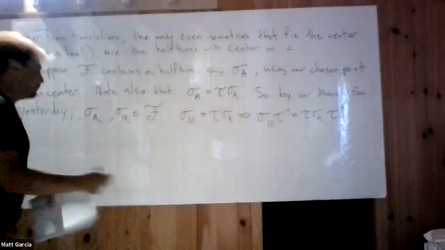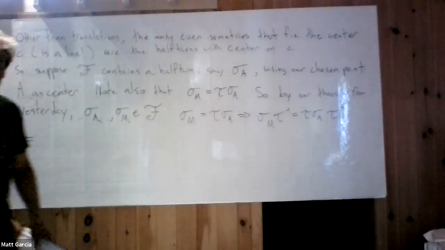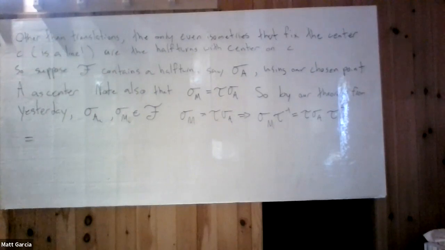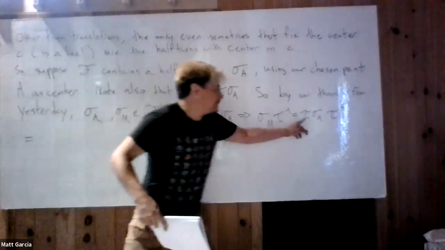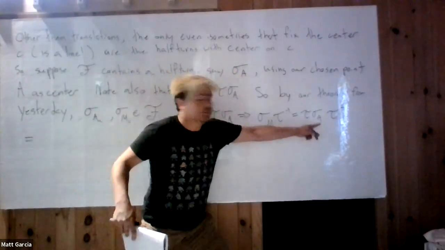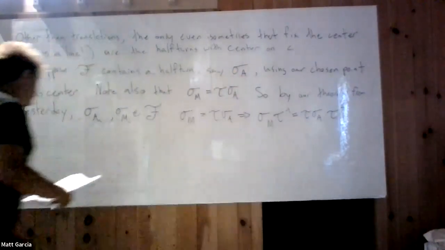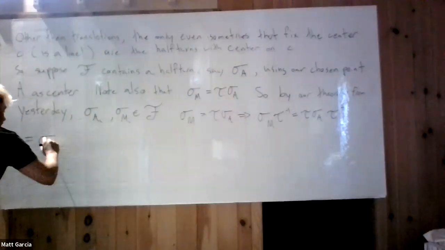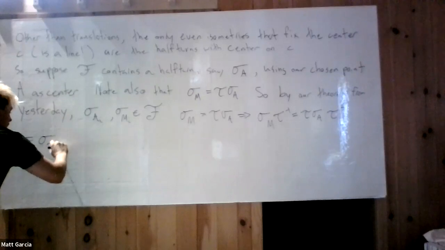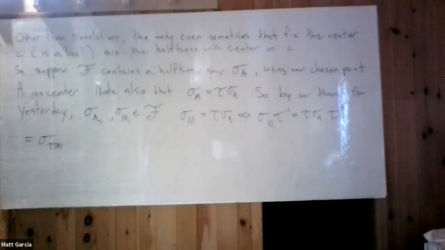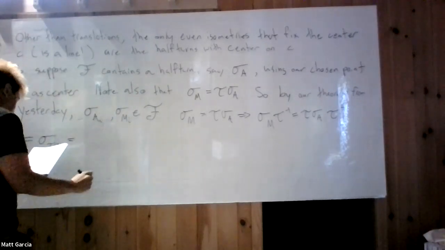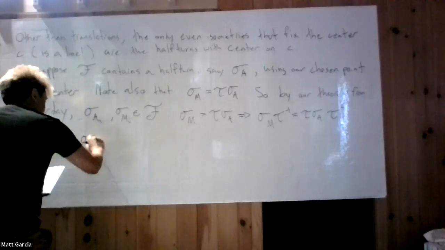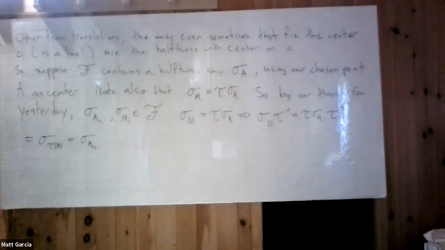How do we deal with that? Well, we just take the isometry that we're conjugating by and operate it on the center of the half turn. So this is equal to sigma sub tau of A, which, of course, is just sigma sub A1.